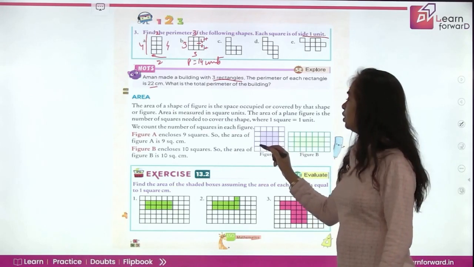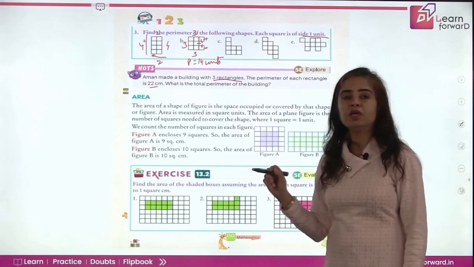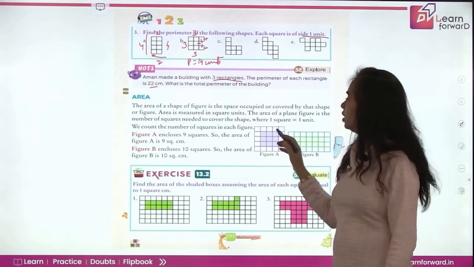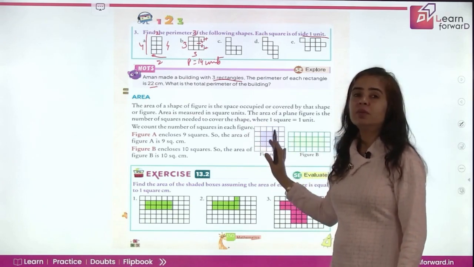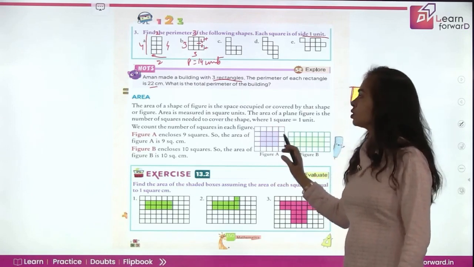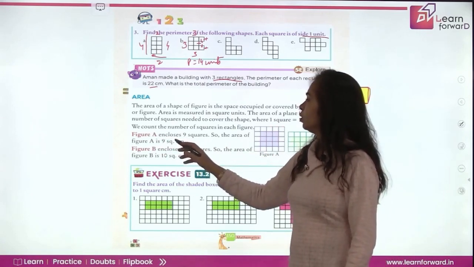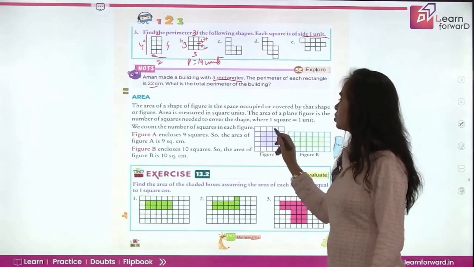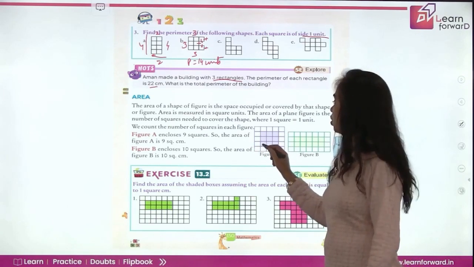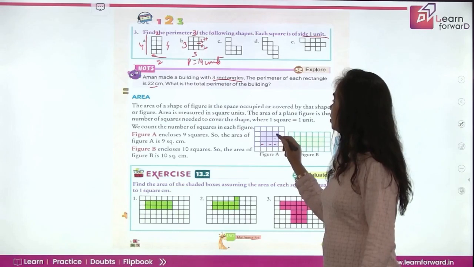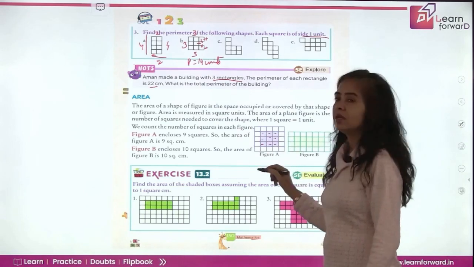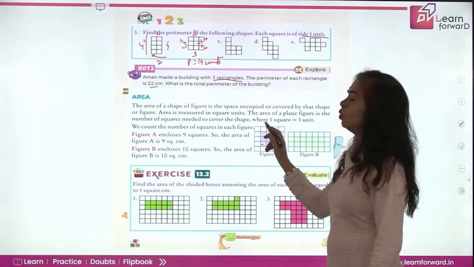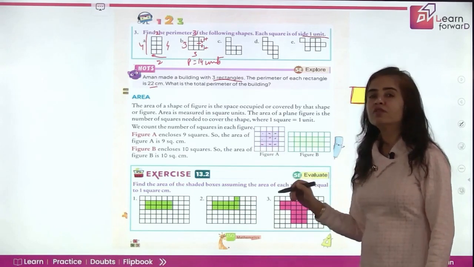Whatever is the unit of this square, it will be the area in square units. That means it will be covered by these many squares. Now figure A encloses 9 squares. So the area of figure A is 9 square centimeters. When you talk about the shaded part only, these are 9. But when you talk about the whole one, this will be 25 square units.